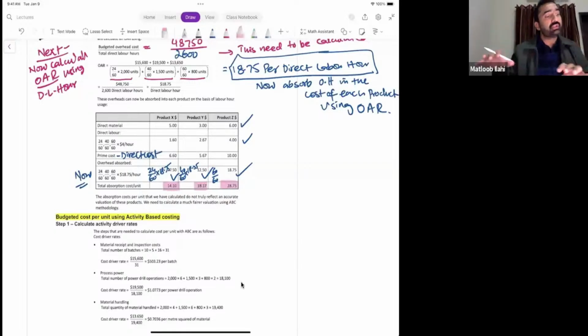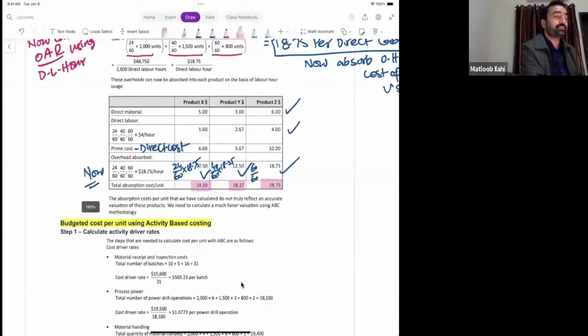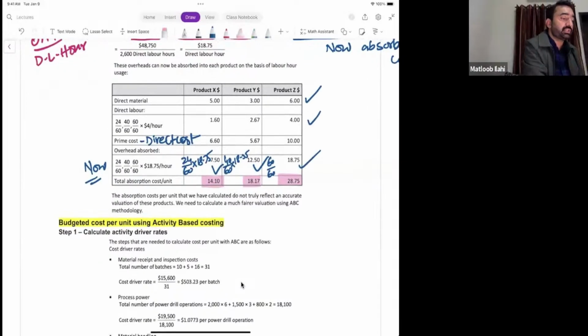Wonderful. So you have understood how to absorb overheads under traditional absorption costing. Now, here is a note. You need this note. The absorption cost per unit that we have calculated does not truly reflect an accurate valuation of these products.